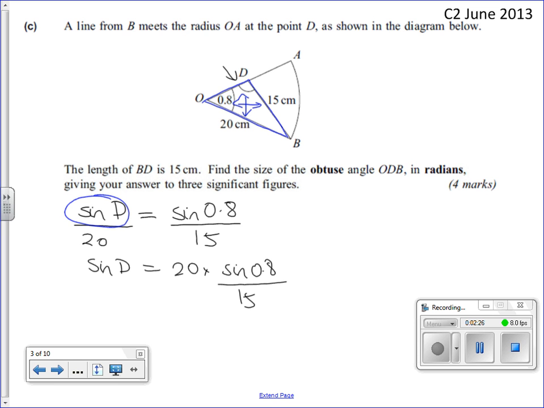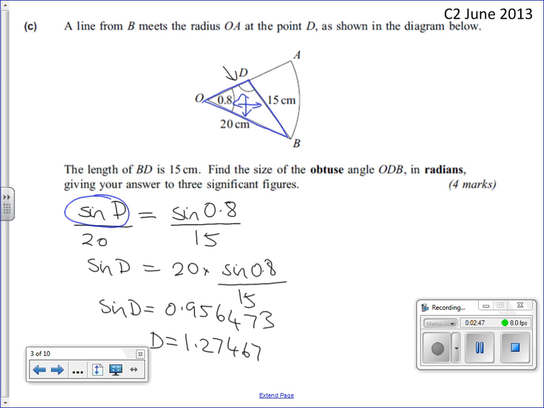Making sure that my calculator is in radians, that tells me sine D is 0.956473, and some more. Using inverse sine with the calculator in radians, I get D is 1.27467.